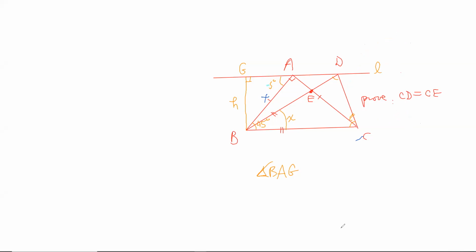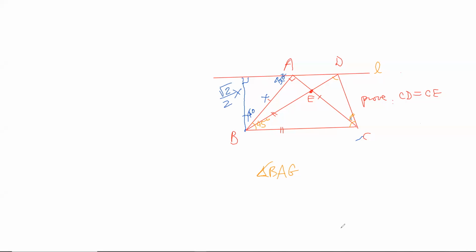So I did some angle tracing, but then I just wrote sides in terms of x. I drew a perpendicular line from B to L as well. Since this is 45 degrees and this is also 45 degrees, these two sides are equal, and that would be root 2 over 2 times x.